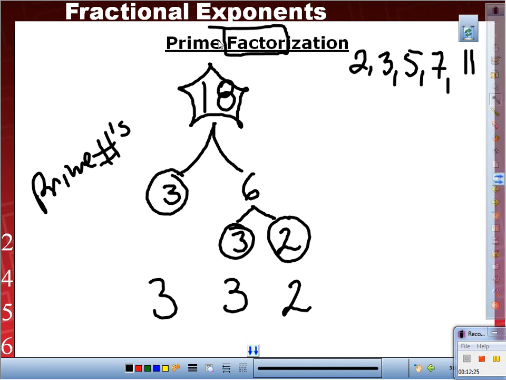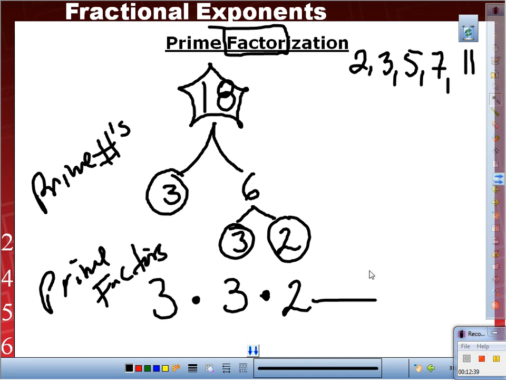Factors imply what? Multiplication. So if I multiply these, they're no longer just prime numbers; they are called prime factors. That means if I multiply them, it gives me the number I started with: 3 times 3 times 2 is 18. Copy that.